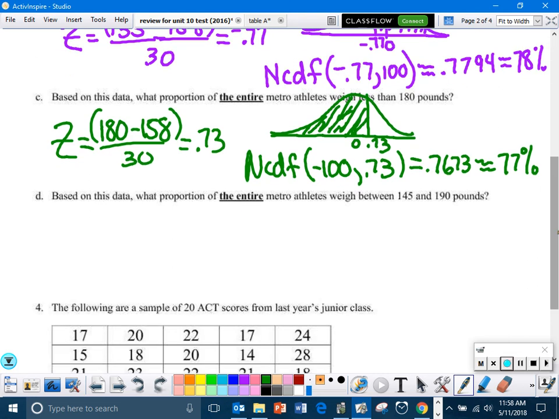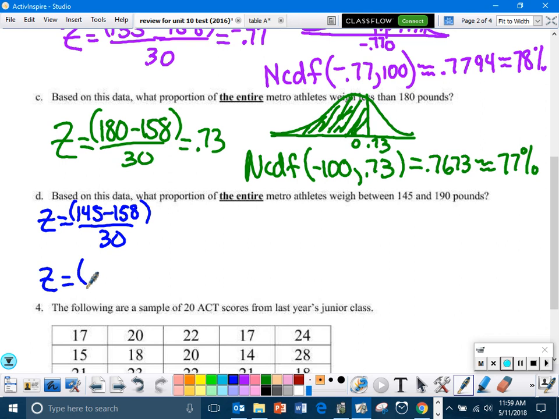Okay, the next one, we have two z-scores. So I need to do both of them. So I'm going to do z equals 145 minus 190, divide by 30. Whoops, hold on, I made a mistake. Okay, it's 145 minus 158 divided by 30.